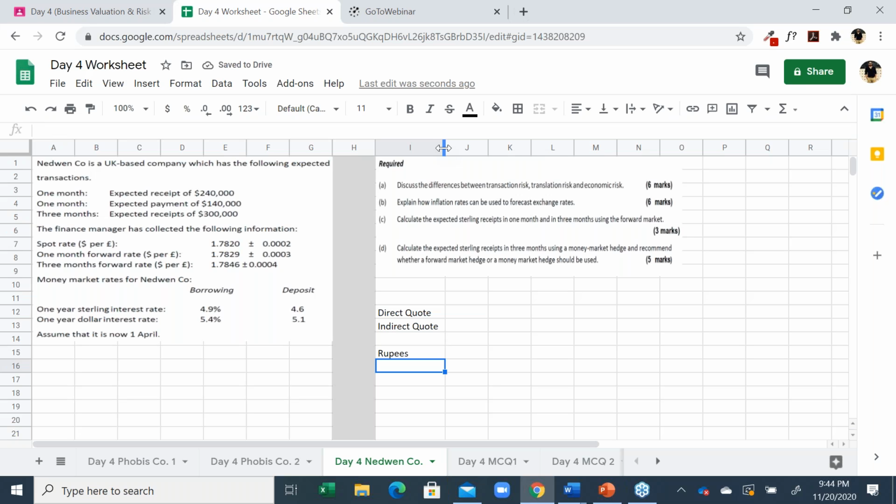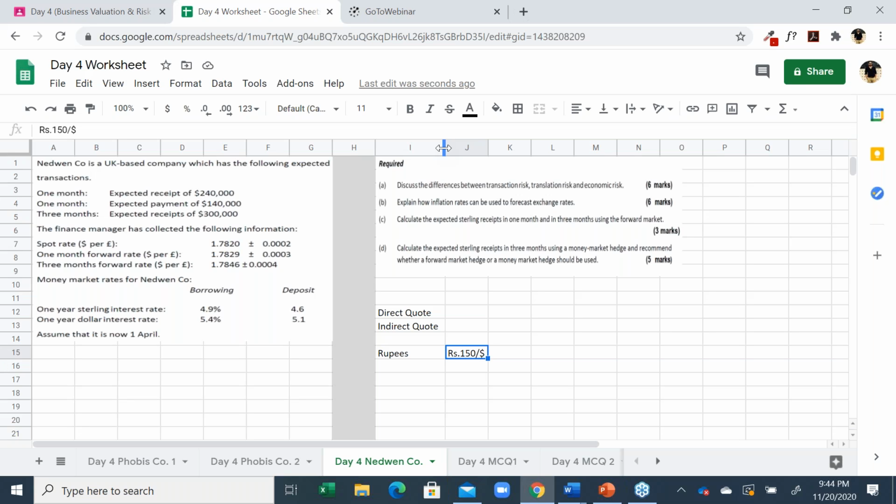And if exchange rate here in Pakistan is quoted in rupees, that is called direct quote for us. For example, if they tell us that $1 is equal to 150 rupees, if you want to buy a dollar, it is equal to 150 rupees. 150 rupees per dollar. This quote is a direct quote for us.